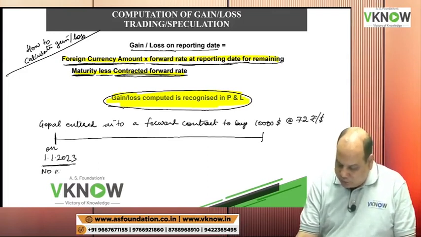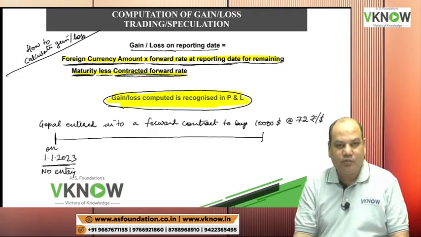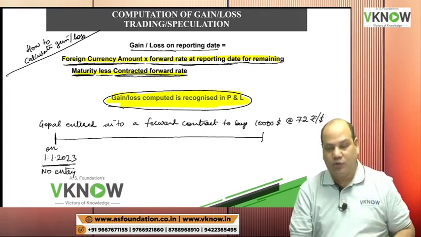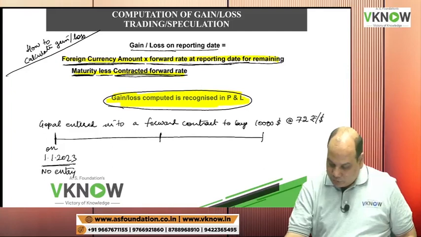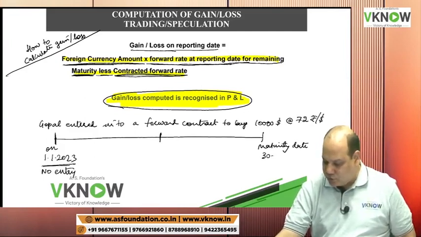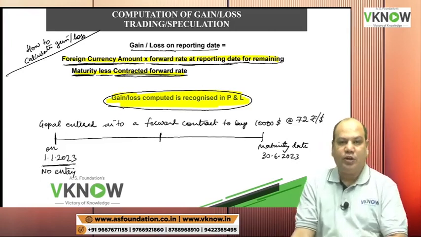No entry will be passed here. Don't compare spot rate and forward rate. Now directly we will see how much gain or loss will happen on this contract. This contract will mature on 30th June 2023.